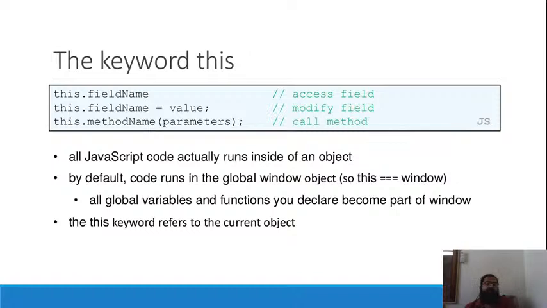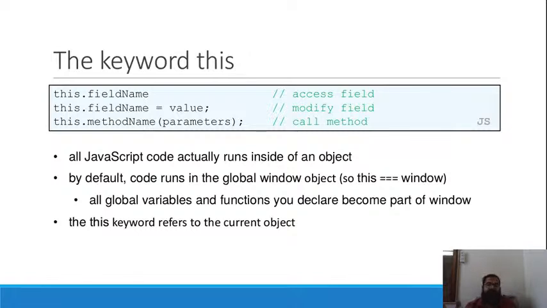Now you have the this keyword, which means that all JavaScript code actually runs inside of an object, and by default code runs in the global window object. This is like the this pointer in C++, where you have an object called this to access a particular element, or a namespace, or a workspace.